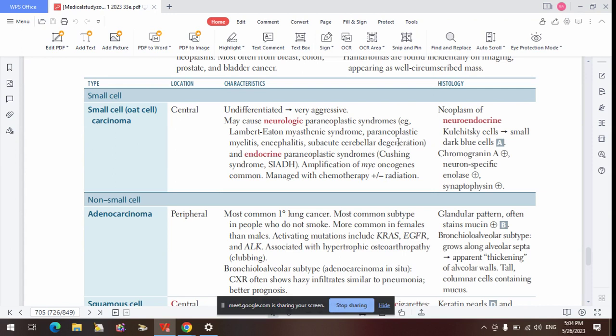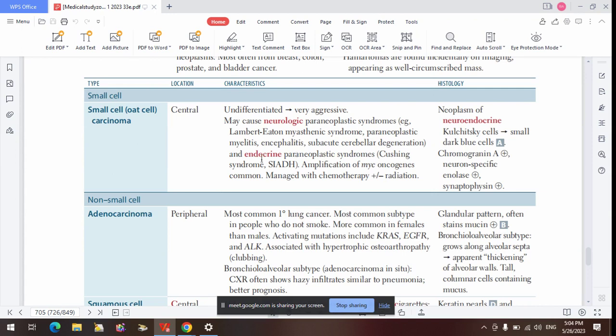Then you can have what we call paraneoplastic myelitis. You just have paralysis of particularly the lower limbs without any problems with bowel or bladder control. That's your paraneoplastic myelitis, like a spinal cord problem paralyzing the lower limbs while the bladder and bowel are intact. They can also have paraneoplastic encephalitis. This one is common.